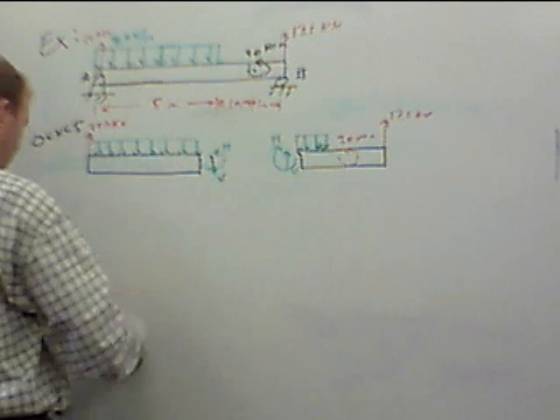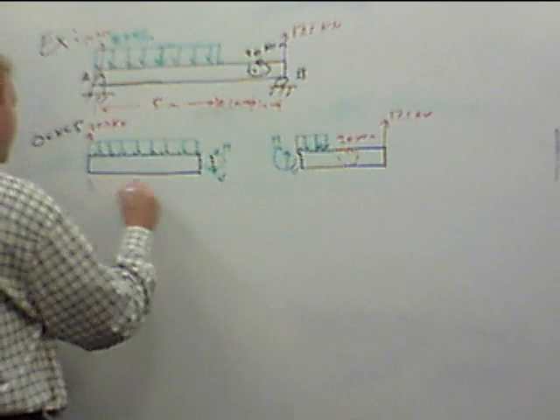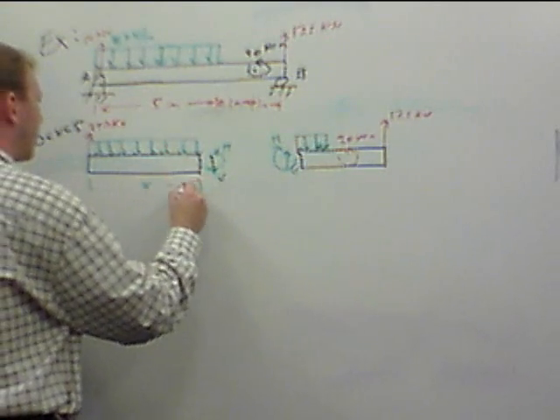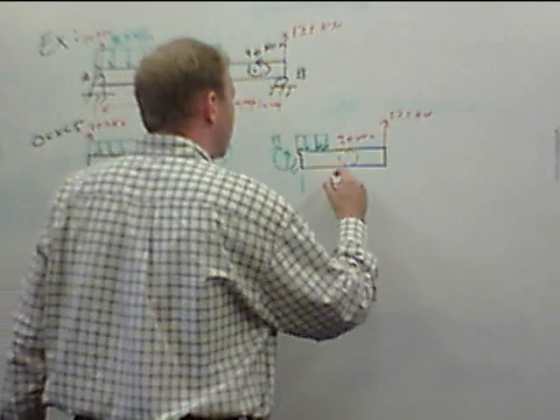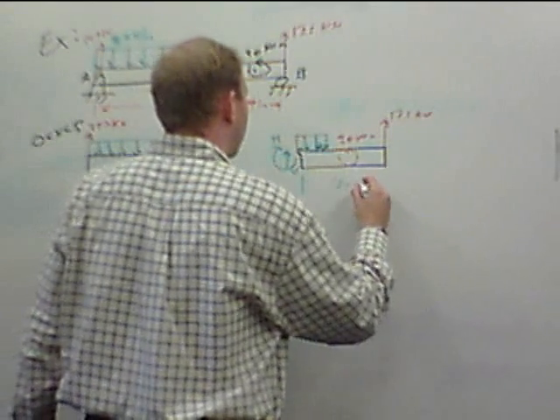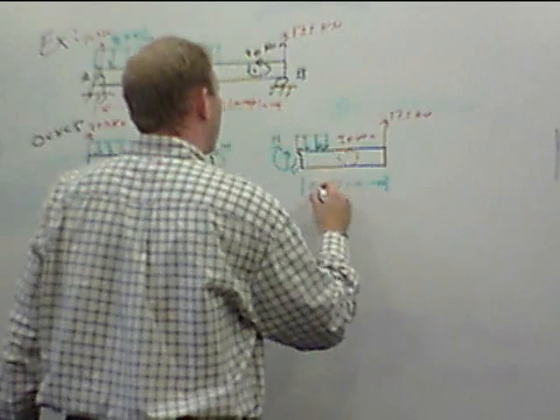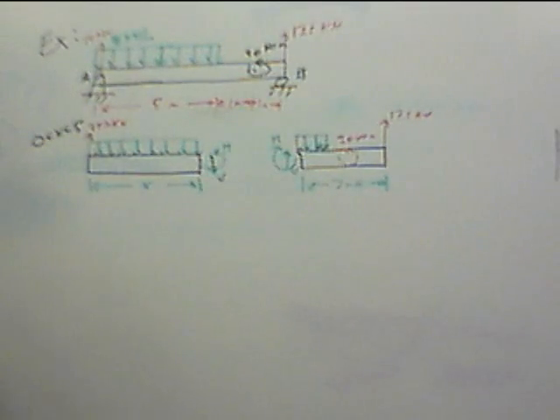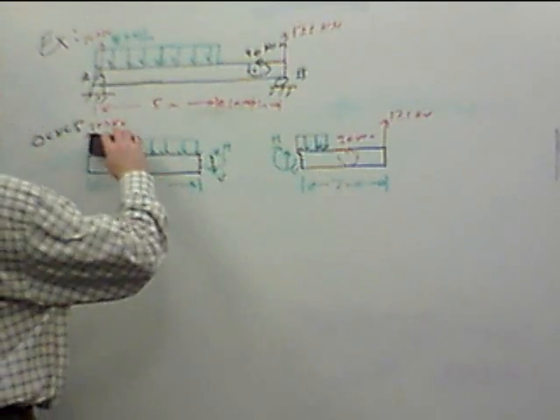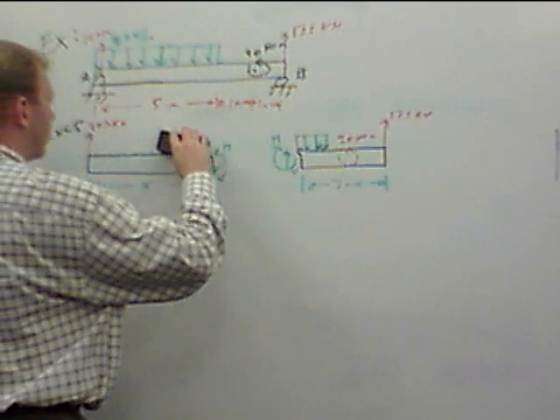Okay, this is an important detail here. This dimension is x, and this is 7 minus x. So this distance isn't going to be so bad. We need to replace this distributed load by an individual force.